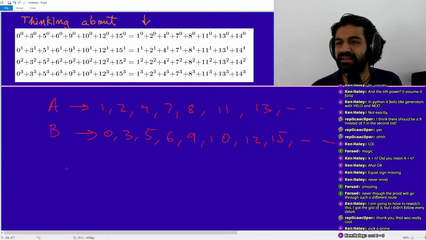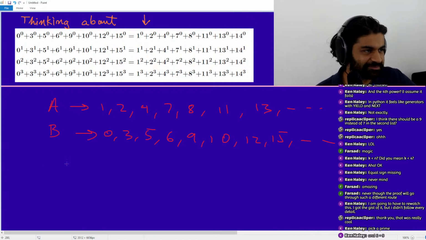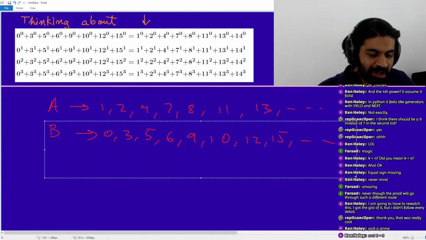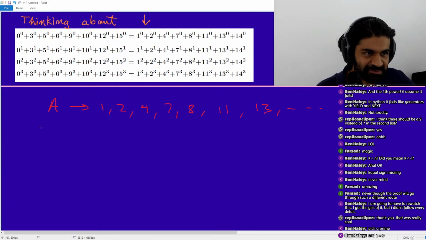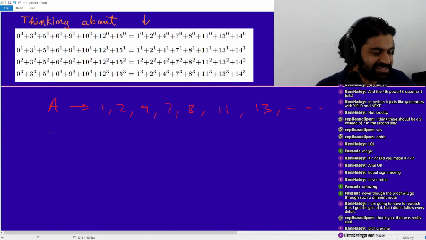Okay, so here's what I'm going to do. I'm going to define a polynomial, an infinite polynomial, using the A's. So the polynomial that I'm going to define using the A's is actually going to be a generating function, so it's going to be an infinite polynomial. If you don't know anything about generating functions, you can think of this maybe kind of like a Taylor series.